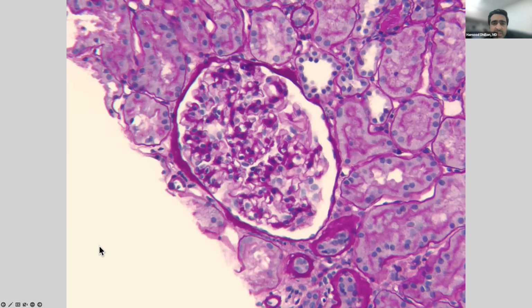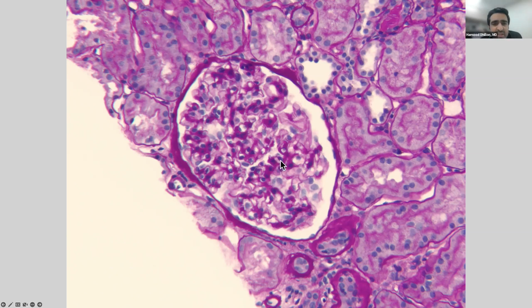Here, this looks like a PAS stain. Judging from this, I think there is some mesangial hypercellularity, more than 4 cells in certain areas, like here, if you can see my arrow. Does the mesangium look expanded?